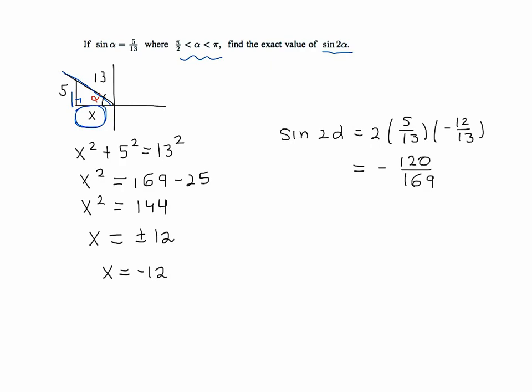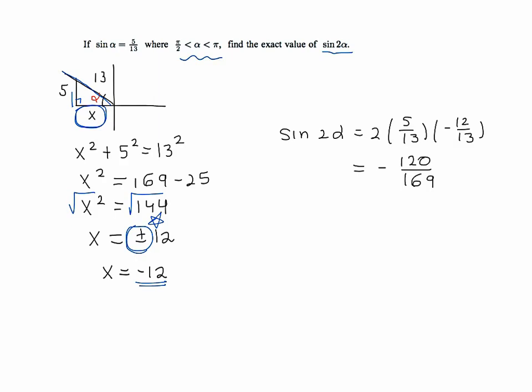Simplifying, you get 144. So x squared is equal to 144. To solve for x, you want to take the square root on both sides. When you're taking a square root, remember, you get a positive and negative value. In this case, x has to be negative. So x is negative 12.